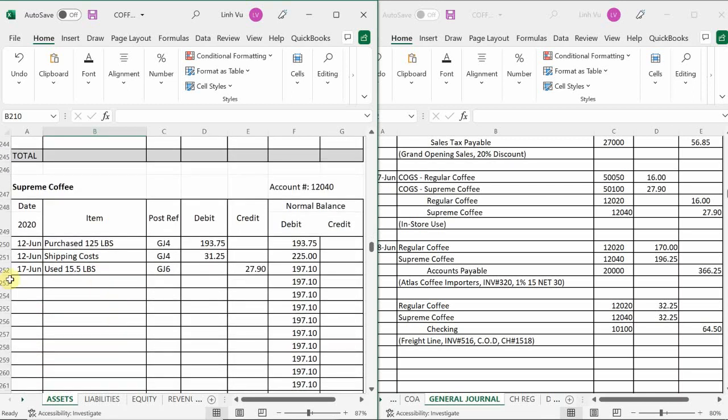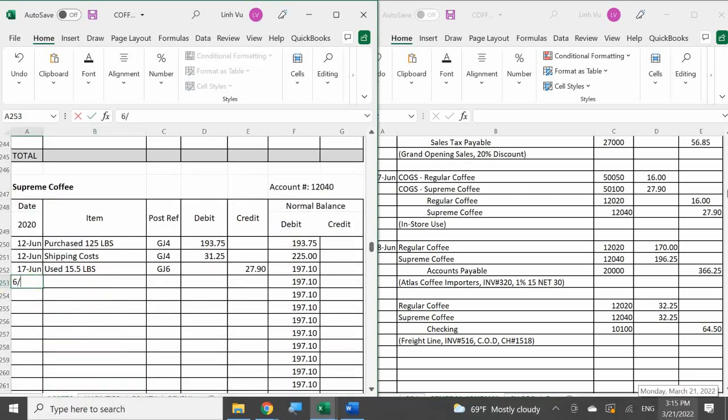Okay. Fill in your Supreme coffee here. So, on the 18th, we purchased 125 pounds of Supreme coffee for $196.25. Okay.